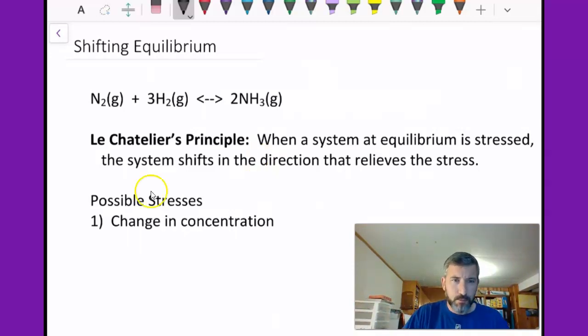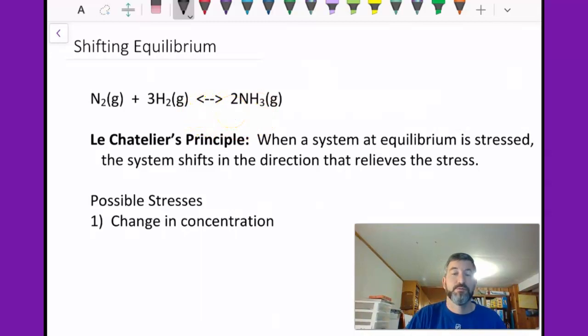So, for example, a possible stress is change in concentration. If you wanted to produce as much NH3 as possible, you're trying to favor the forward reaction.